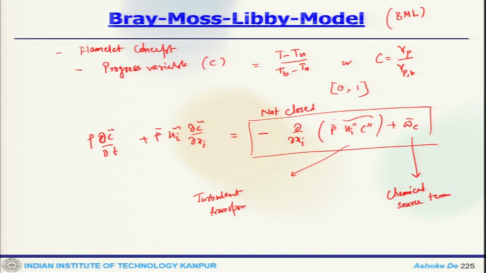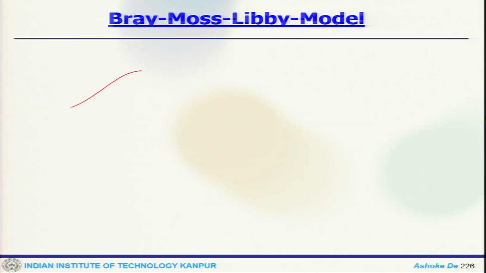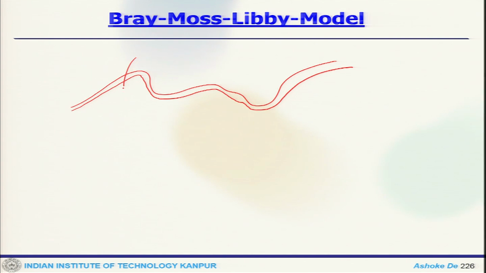Now, you define a flame front like this, let us say, then you say that this has a thickness of LT, then this would be SL, and this side it is unburnt.